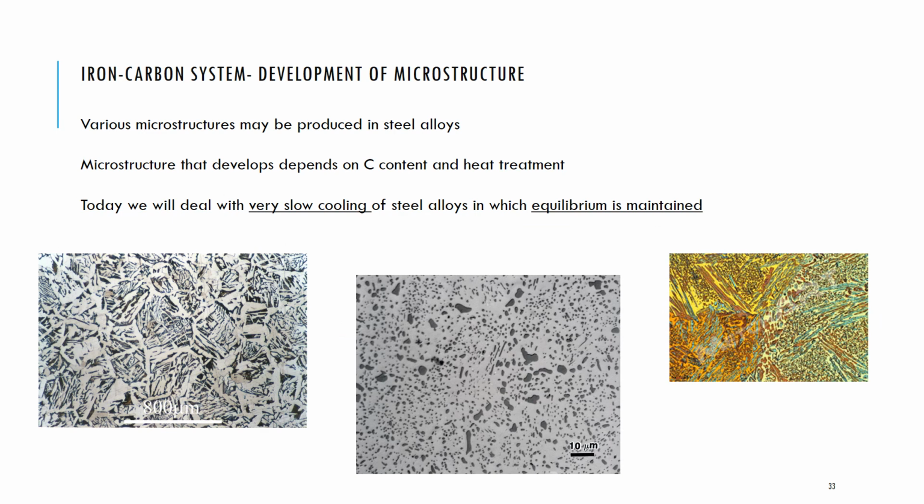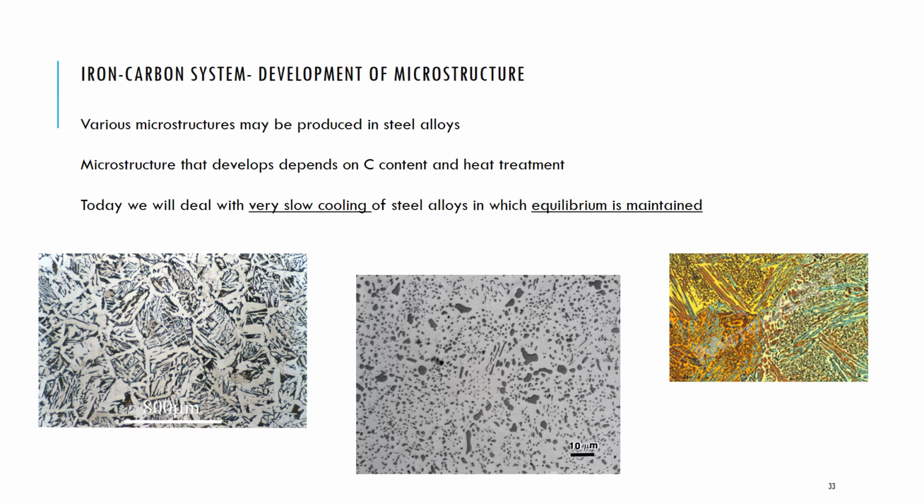Now, you can produce various microstructures in steel alloys. And the microstructure that develops is dependent on the carbon content and the heat treatment. And this is really, really important because what it means is that by changing the percentage of carbon and by changing the heat treatment, i.e. the temperature we heat steel up to and the rate at which we cool it, we can dictate the microstructure of the final material.